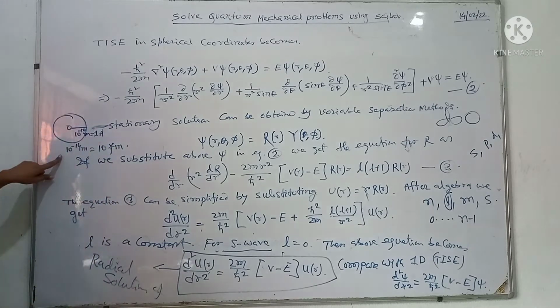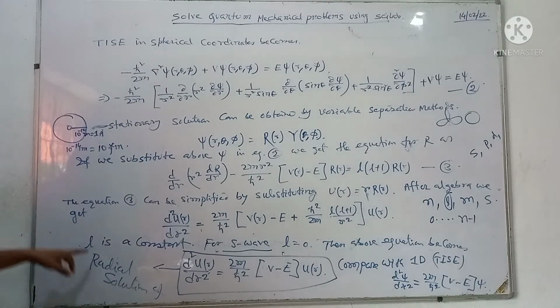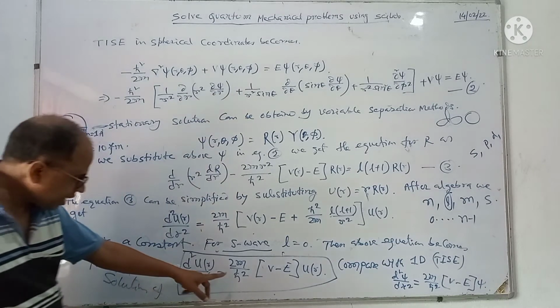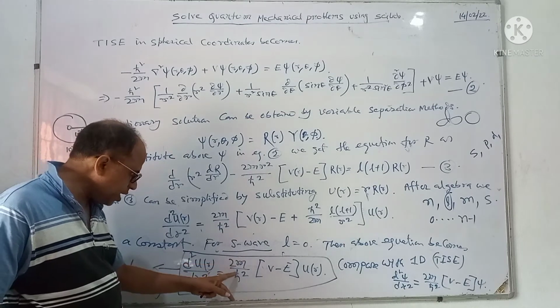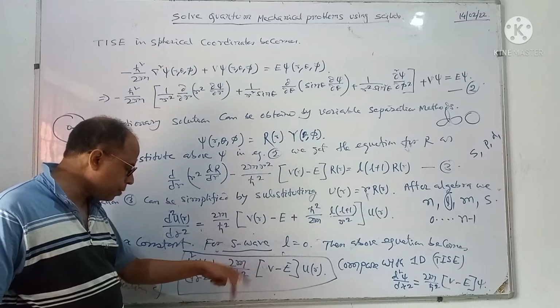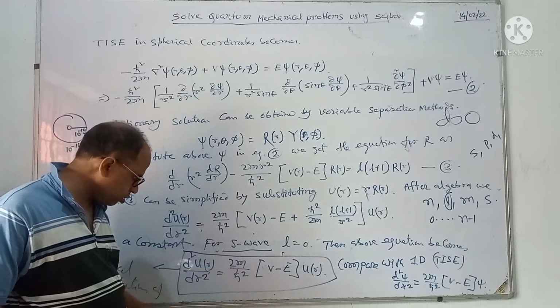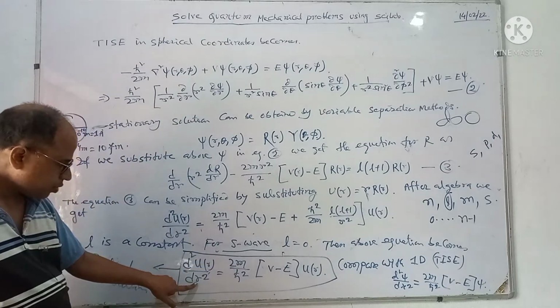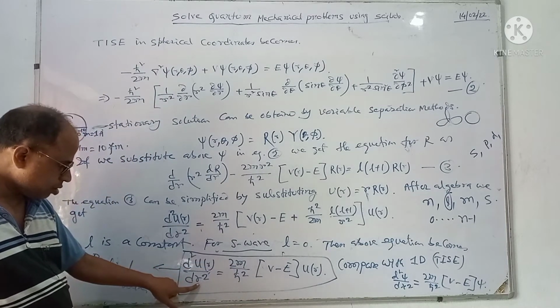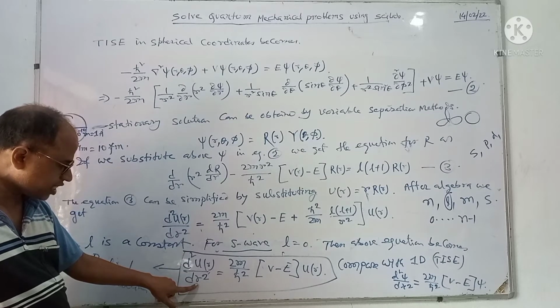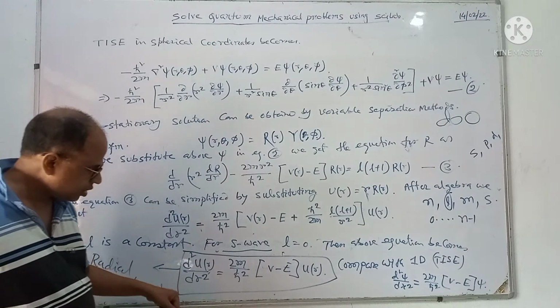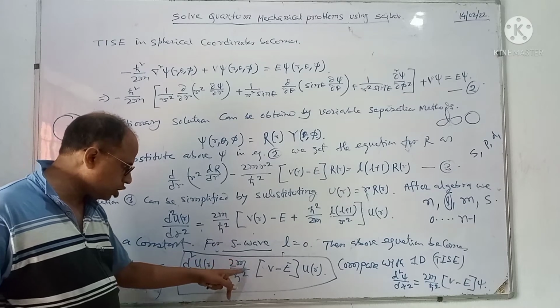Fine. Now, if you consider the hydrogen atom, then m is the mass of the electron, r is the radius of the stationary orbit, the distance of the stationary orbit from the nucleus. Basically, m is the reduced mass of the electron.